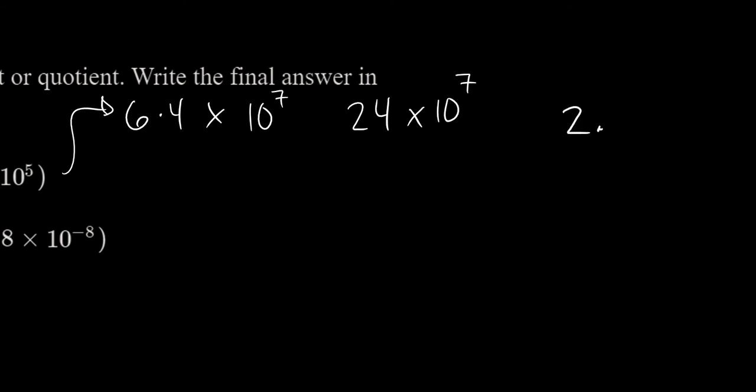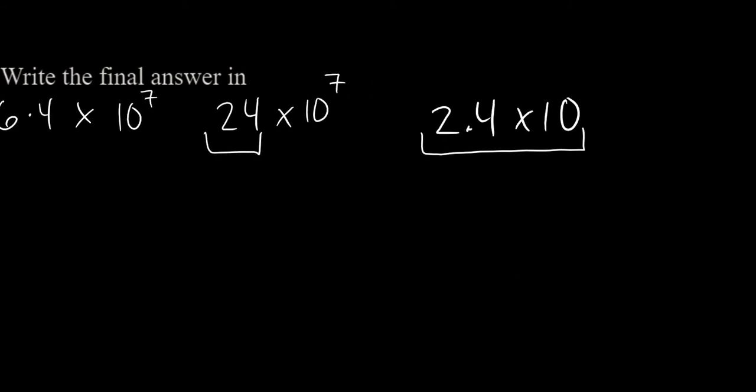But here's the magic, right? If I take 2.4 and I multiply that by 10, understand that this thing right here, that's just the number 24. 2.4 times 10 is 24. What I have to do now is multiply by the 7 factors of 10, so times 10 to the 7th.